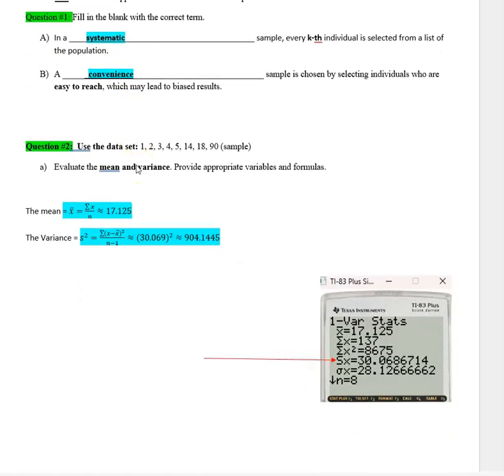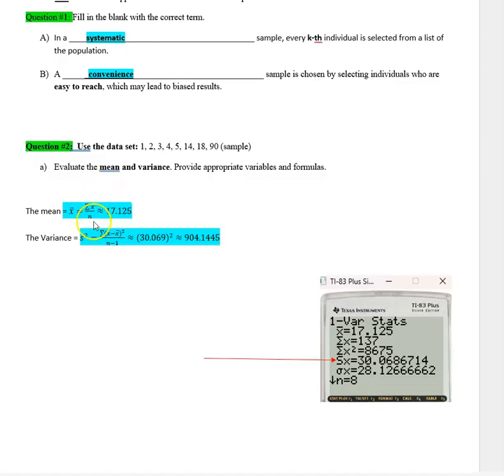Okay, question number two. If you're given that this is a sample, you have to run the one variable stats, and then technically it only wanted the mean. So for values such as the mean, variance, and standard deviation, we always provide the variable, the formula, and the answer. In this case, after the one variable stats, 17.125 is here.